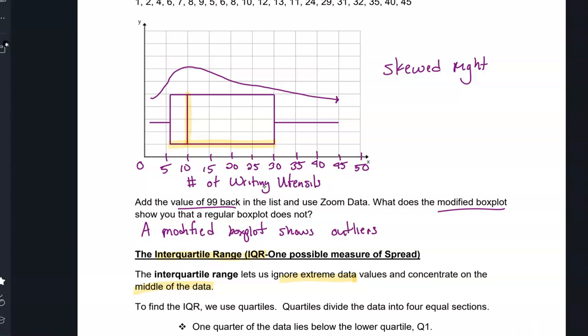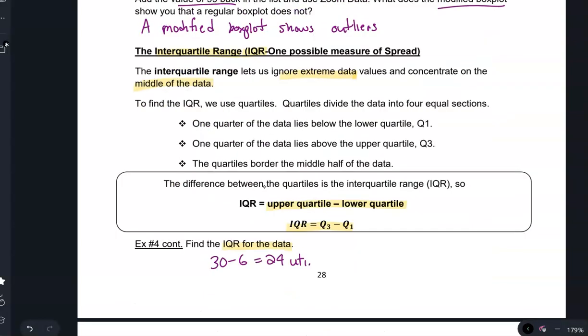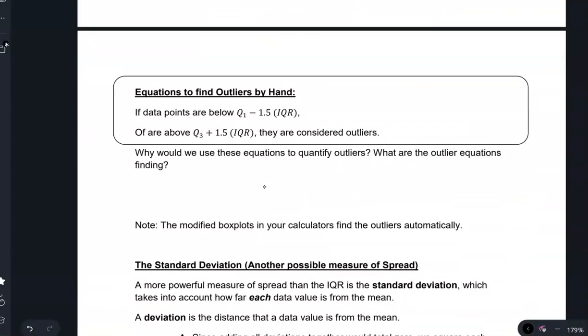If you remember how the dot plot looked, that was super important, because it wasn't just that one clump of teachers on the left-hand side. We had a fair amount on the right-hand side too. So we don't want to just say it's 10 utensils. No, we want to say they're spread out by about 24 utensils, which is a lot. That's a lot of variation in how many writing utensils each teacher had in their desk.